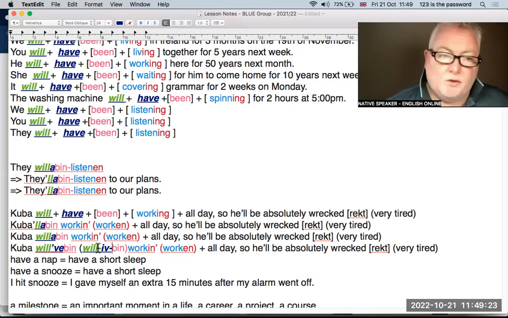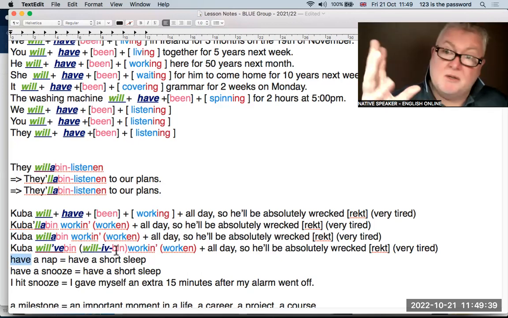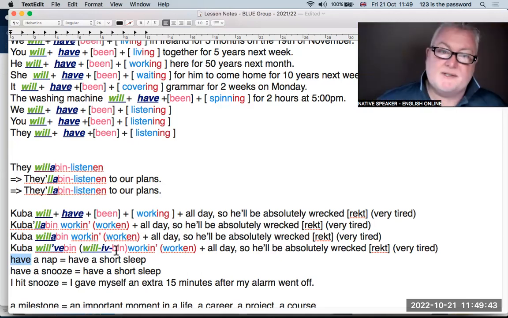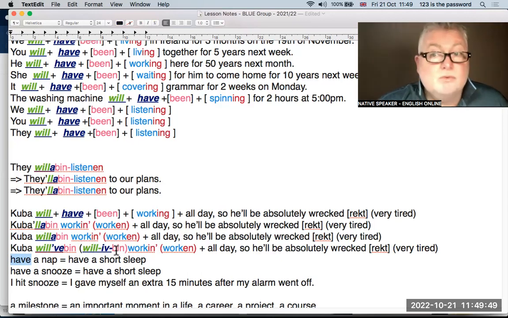So you could hear one person saying Cuba will have been working. You could hear another person saying it a different way. You could hear another person saying it a third way. So it varies among people, but there are three possible compressions to that structure. Okay, and you should start compressing your language.